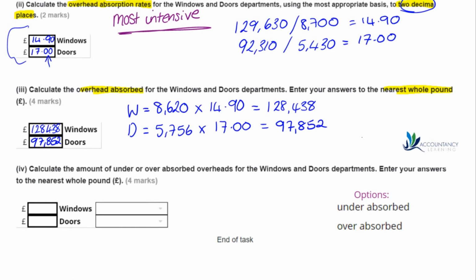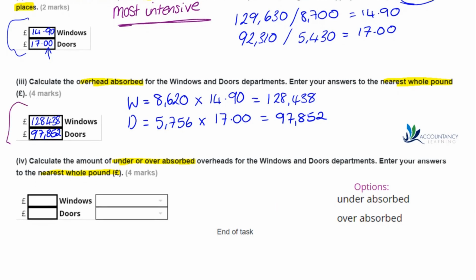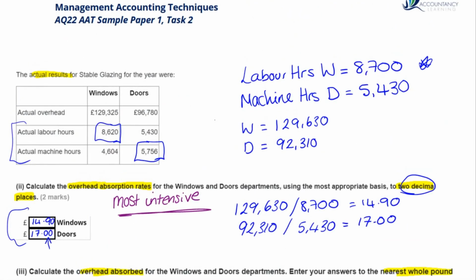So for the final part of the question, we then need to calculate the amount of under or over absorbed overheads for both departments. And again, we are entering to the nearest whole pound. So for this one then, we are going to be looking at what has been absorbed, which is coming from here, and what should have been absorbed from the actual overheads, which is going to come from here.